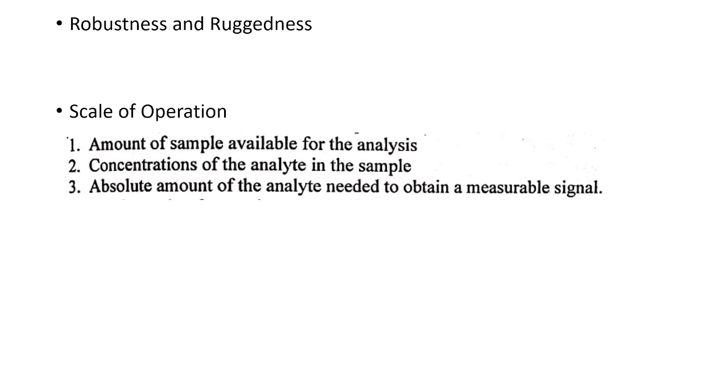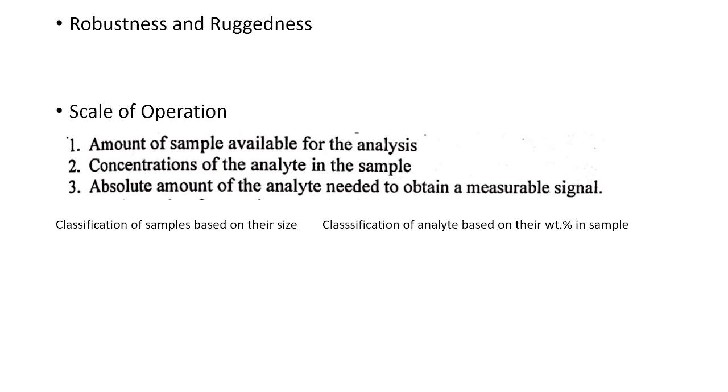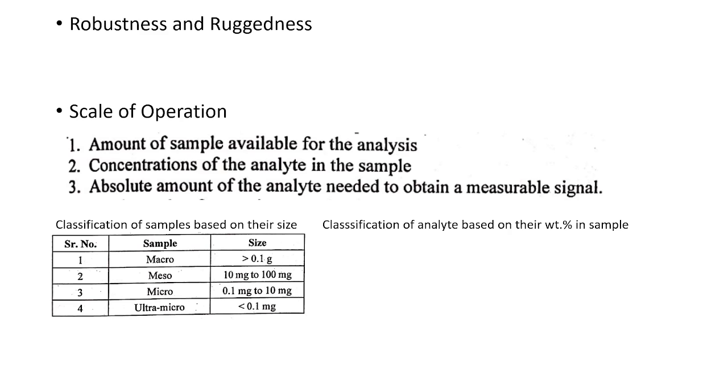So your sample can be classified on the basis of size like this. If you have a sample size more than 0.1 gram, then it is macro. 10 milligram to 100 milligram is meso. Then 0.1 milligram to 10 milligram is micro, and less than 0.1 milligram is ultra micro. The first table gives you classification of analysis based on the sample size.